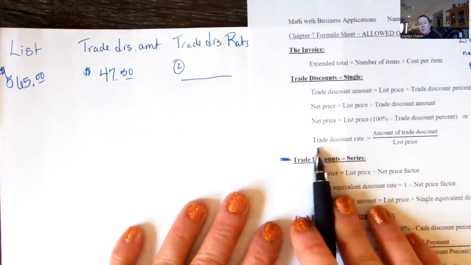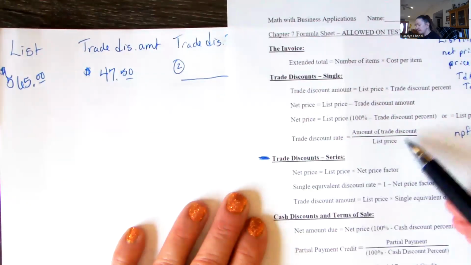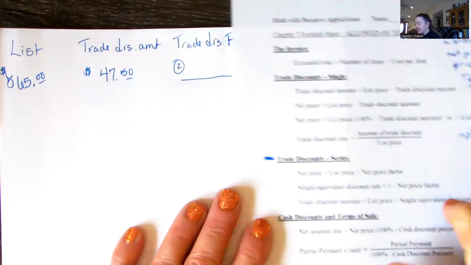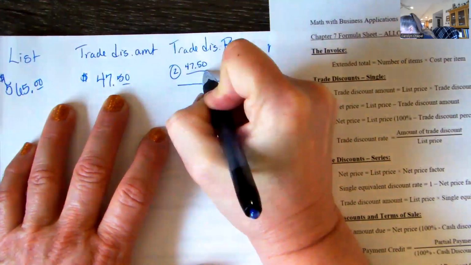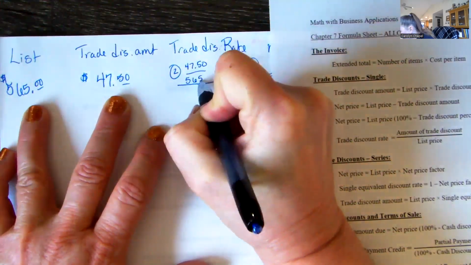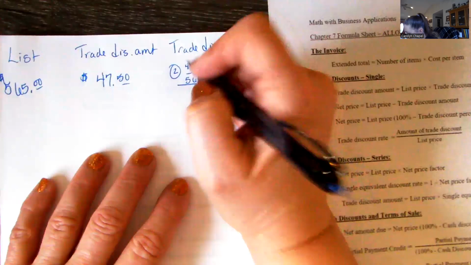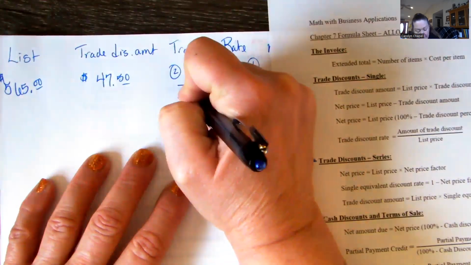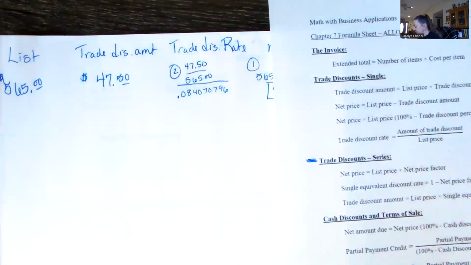Okay, so I'm going to take this formula here, this trade discount rate. I'm going to take that amount of trade discount and divide by that list. So I'm going to take this $47.50 and I'm going to divide by the $565. So $47.50 divided by the $565, and I come up with a decimal, 0.084070796. So lots and lots of digits.